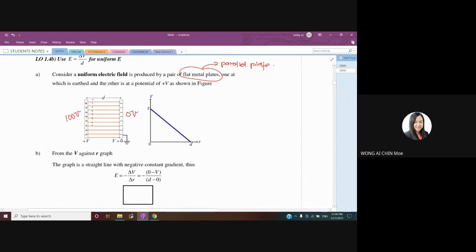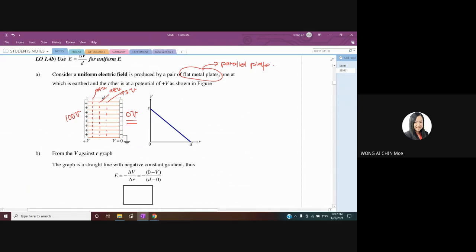Of course, at here maybe this is 99 volt, and maybe here is 98 volt. It's reducing, maybe this one is 97 volt and so on, until finally when you reach the negative plate, it will become 0 volt.